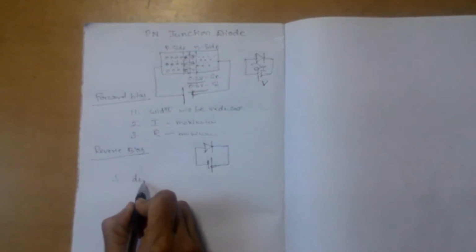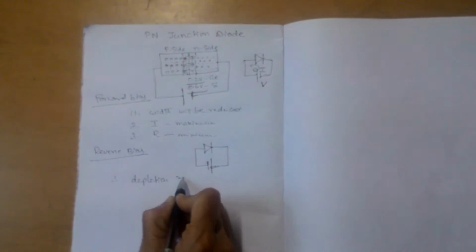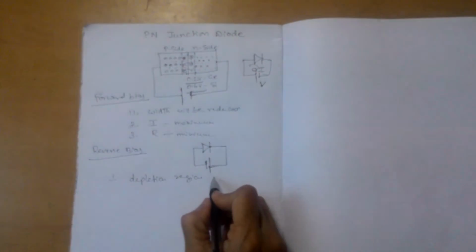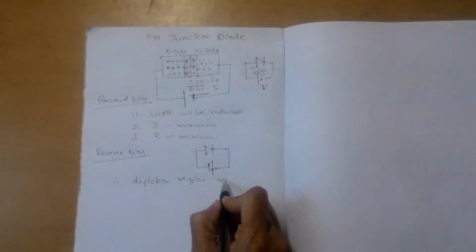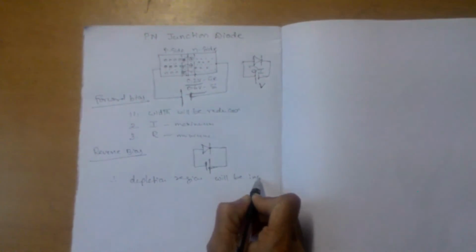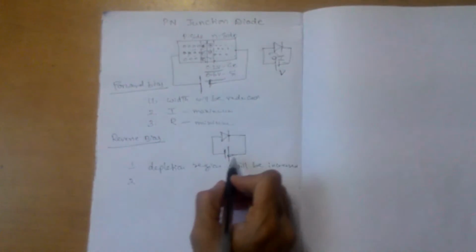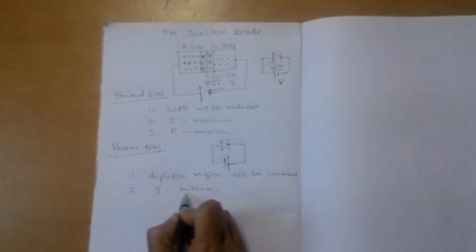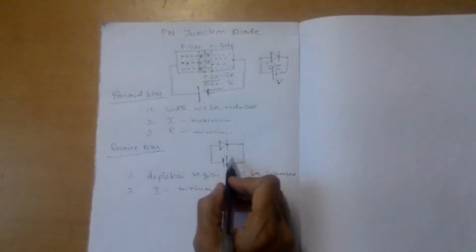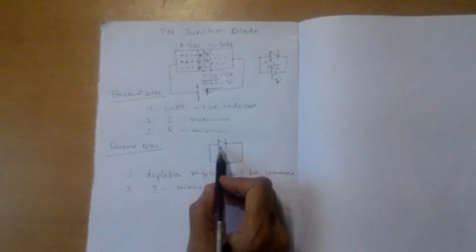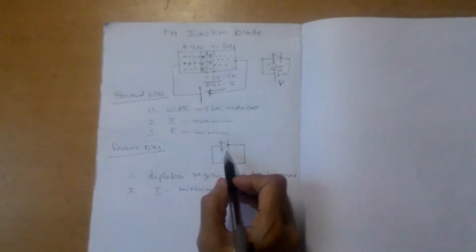So, in this case, what are the points we are observing? The depletion region width will be increased and the current flowing through this diode will be reduced, that is minimum current is flowing. How will this minimum current flow in this circuit, as the majority carriers are not in the conduction part?